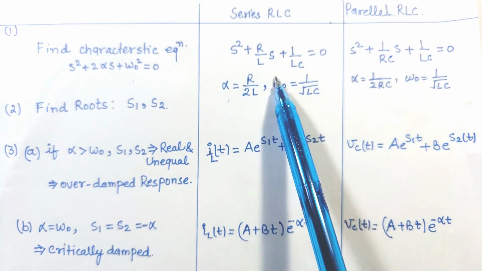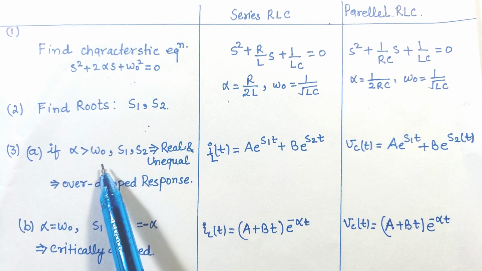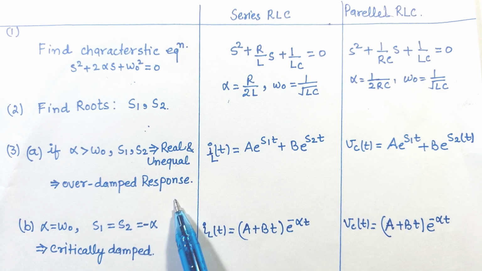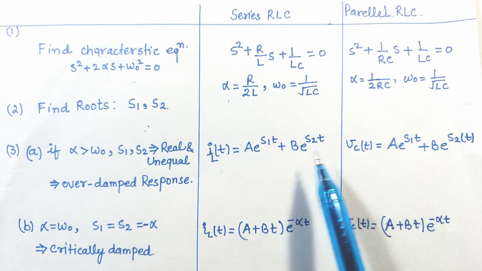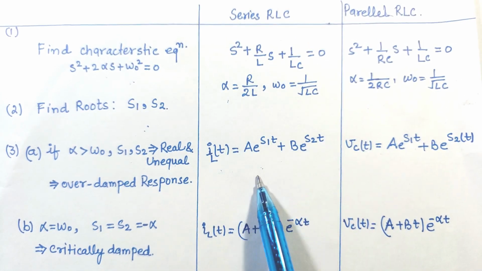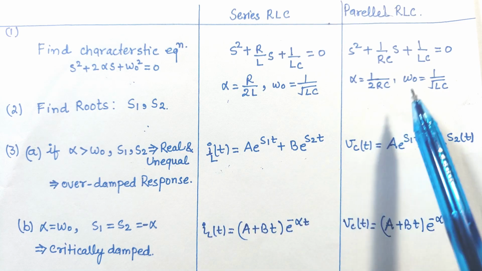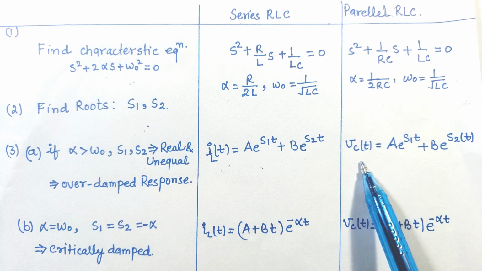Then we will find out the roots of this characteristic equation. If alpha is greater than omega naught, and S1 and S2 are real and unequal, then we can say this is an overdamped response. For the overdamped response, for series RLC circuit and parallel RLC circuit, these equations can be written. We can see that for series RLC circuit, the equations are in terms of the variable IL(t), and for parallel RLC circuit, the equations will be in terms of the variable VC(t).